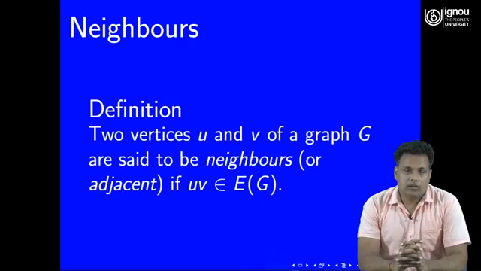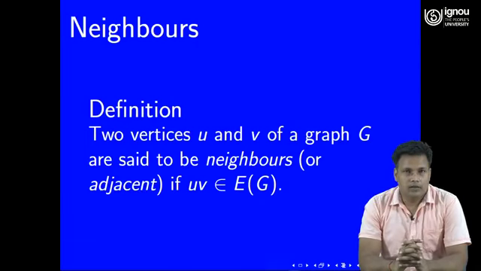Now there is a concept of neighbors and neighborhood of a vertex. We call two vertices u and v of a graph G neighbors or adjacent if {u, v} is an edge of G. That means u and v are connected by an edge.